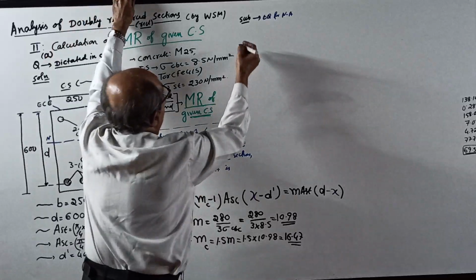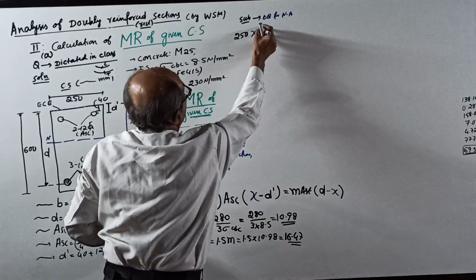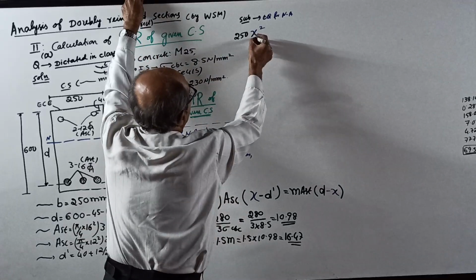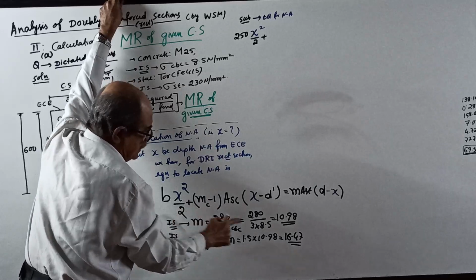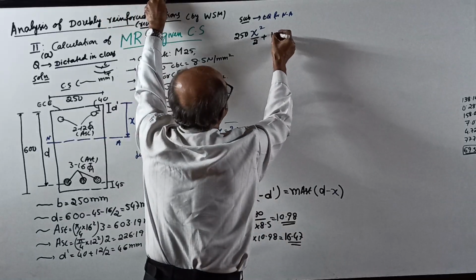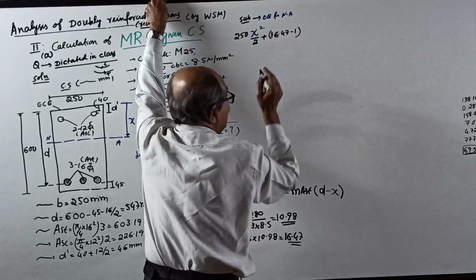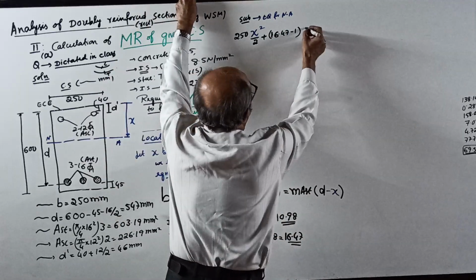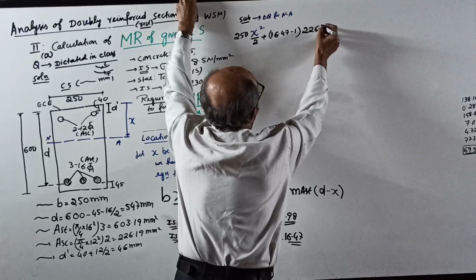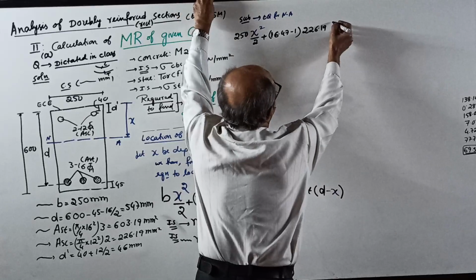B, 250 into x square by 2 plus (m c minus 1) 16.47. Actually, I can write 15.47. No, correct means correct. Writing into ASC, 226.19 (m c minus 1) ASC into x.